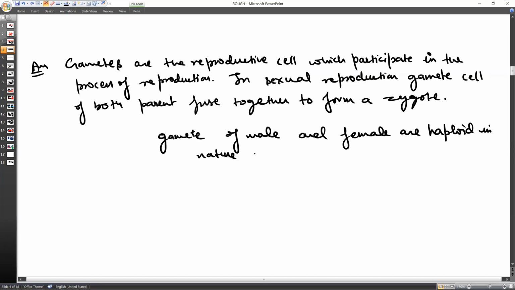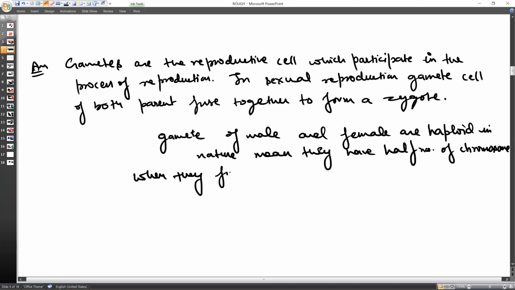Haploid means they have half the number of chromosomes. When they fuse together, they form a diploid zygote.